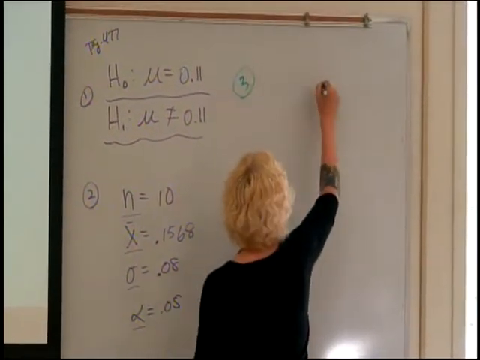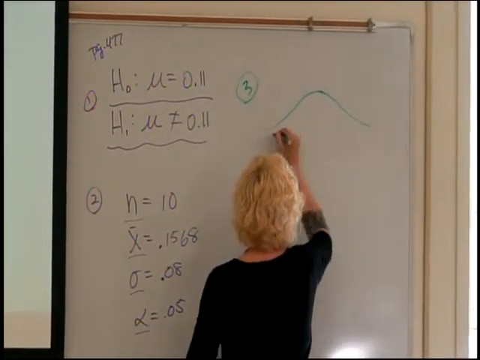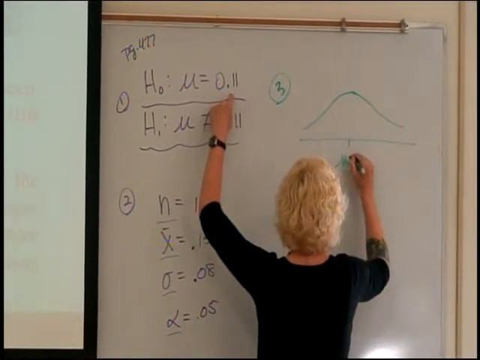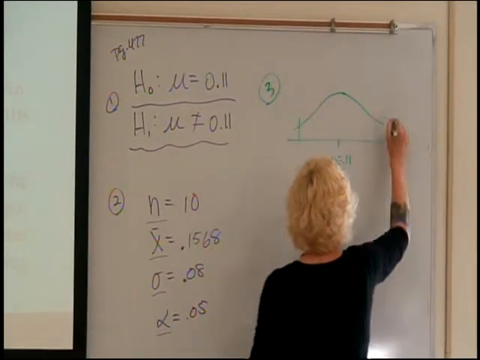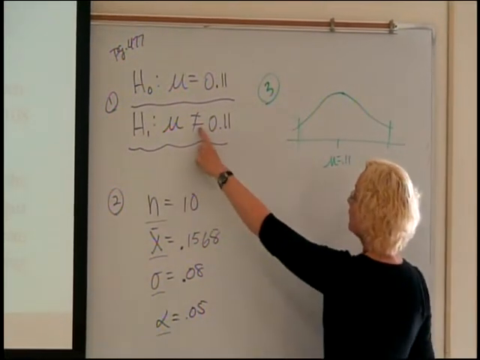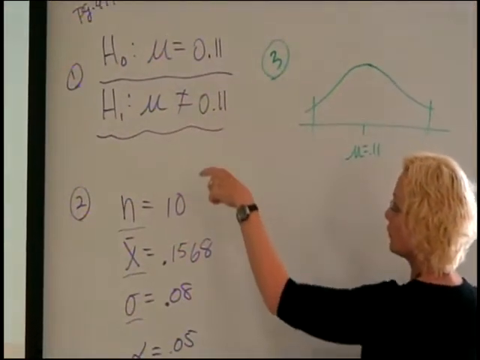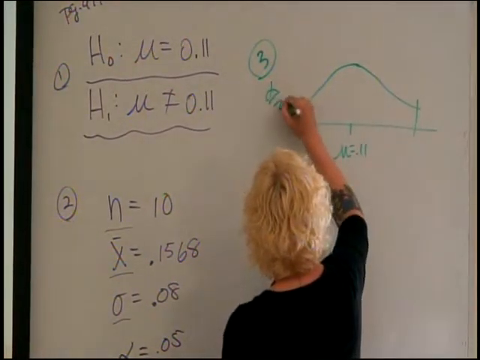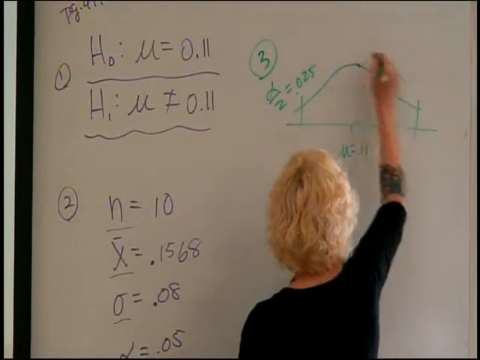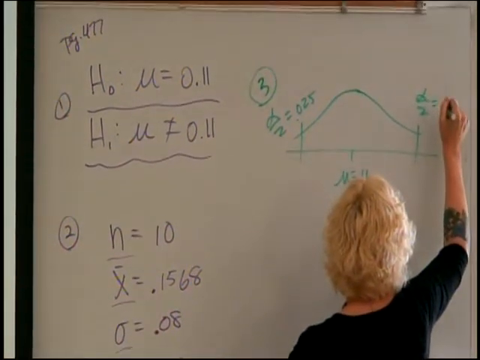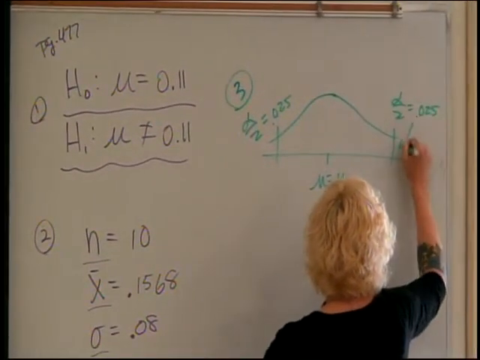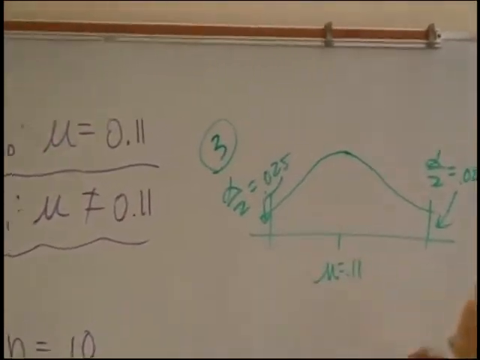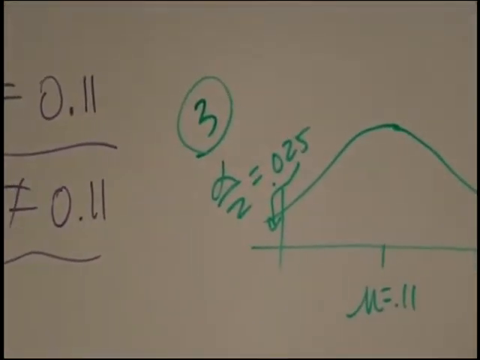Step 3, we're going to set up our graph. The mean is assumed to be 0.11. We've got a two-tailed test because of the not equal sign in the alternative. We're going to take our alpha and now chop it in half and put half of that in each tail. And so with a two-tailed test, you're going to have 2 critical values.